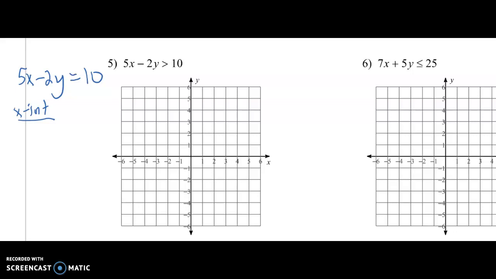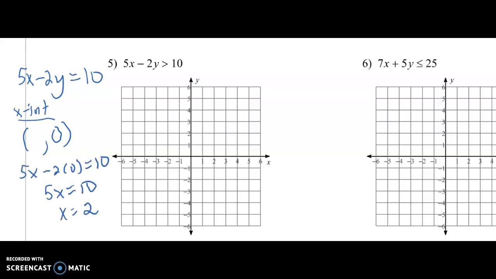So we're going to go ahead and find the x-intercept for this line. And we know that for an x-intercept, the y component of the ordered pair is going to have a value of 0. So we just need to find that x component. So when we plug 0 in for y, we're going to be solving for x.